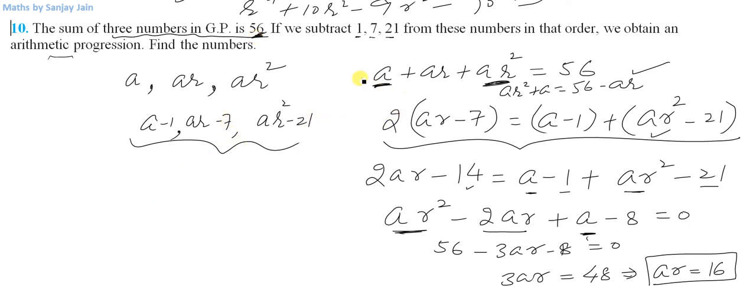Okay, this sum is 56. I have got one of the terms as 16. So the next thing I am thinking is that this number here is 16, and I know that the sum of these three numbers is 56. So the sum of these two numbers is obviously 40, right?